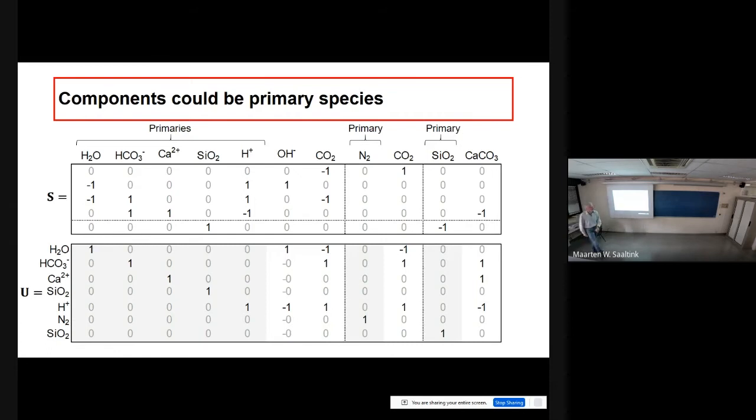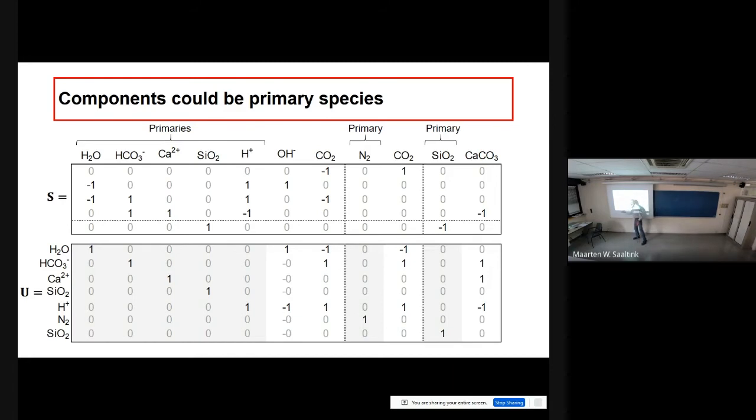Another way is by using primary species and secondary species. So for the primary species, instead of chemical elements, I could say my components are water and HCO3, etc. Water is only composed of water, and bicarbonate only of bicarbonate, but let's say OH minus is water, and then I take away H plus, and I'm left with OH minus.